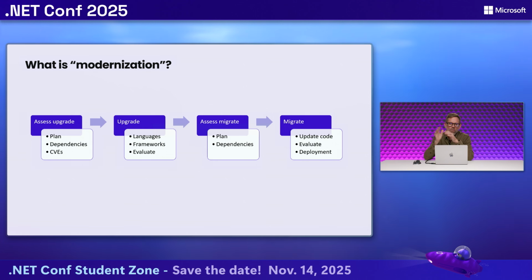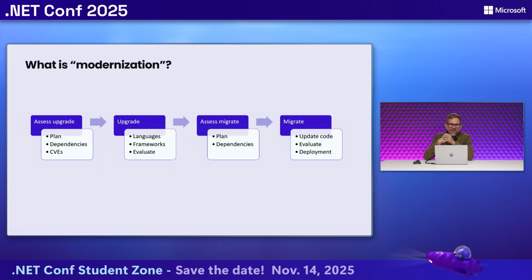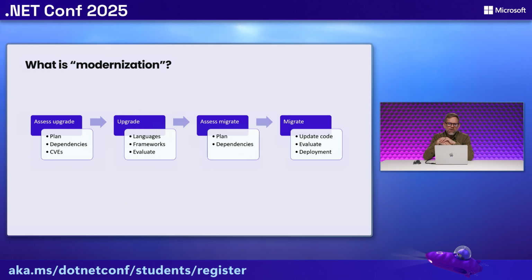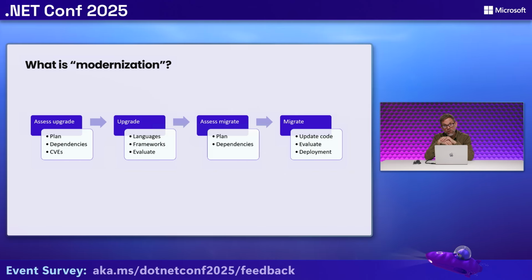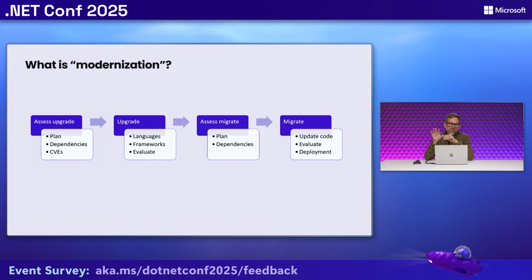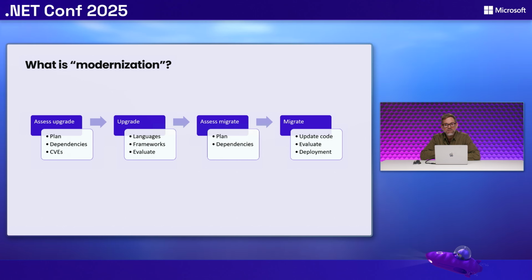Let's talk about it. When we talk about modernization in this context, what does that all mean? First, when you kick it off, you have the assessing of the move from an older version of .NET to a newer version. That makes a generalized plan of how it wants to do things, including any CVEs, which are security issues that you really should fix if it's a CVE, because that's a very important thing to get fixed, and dependencies that you might need to update as well.